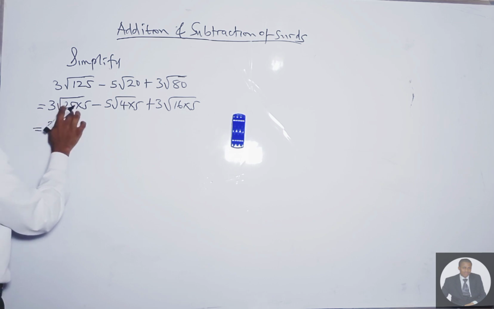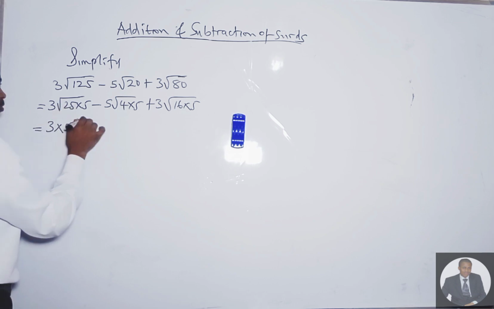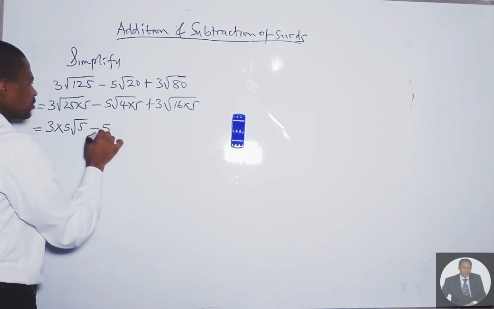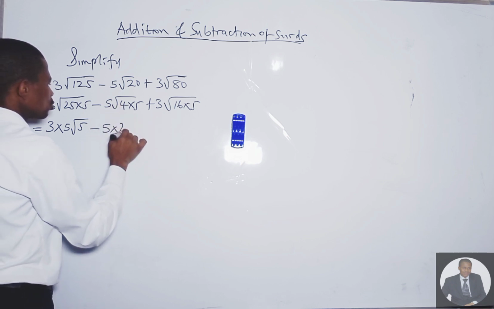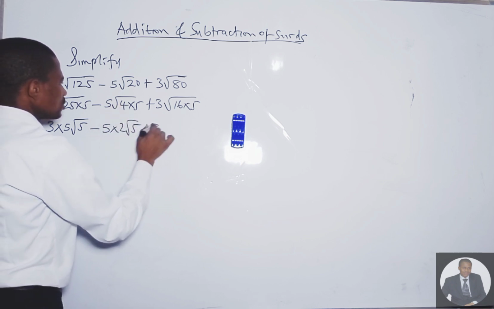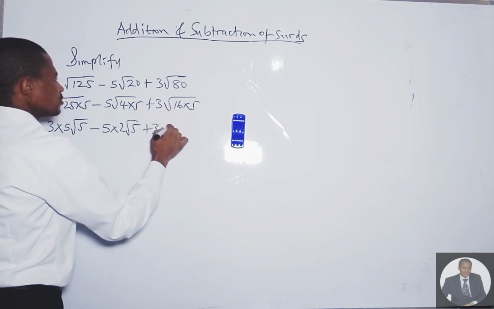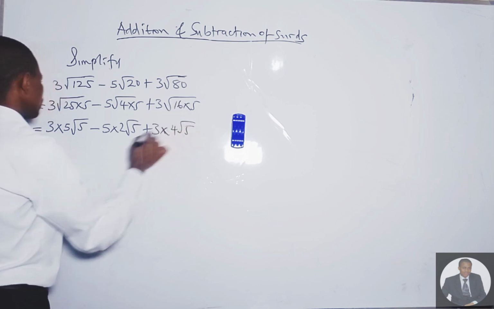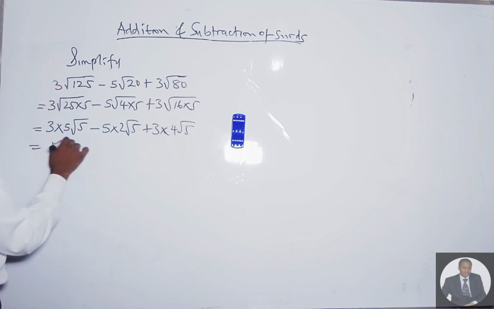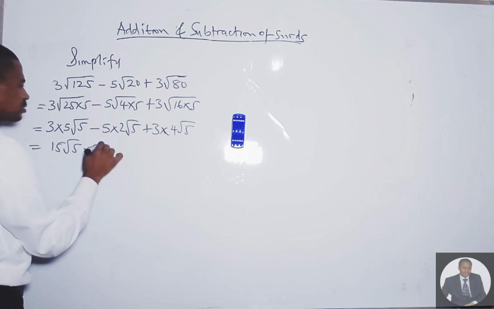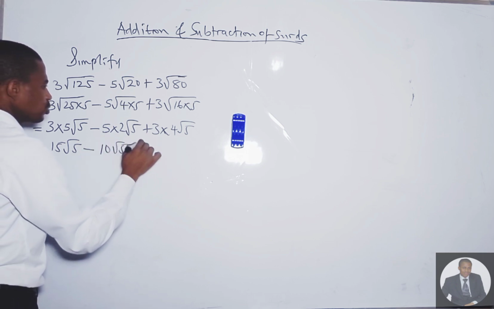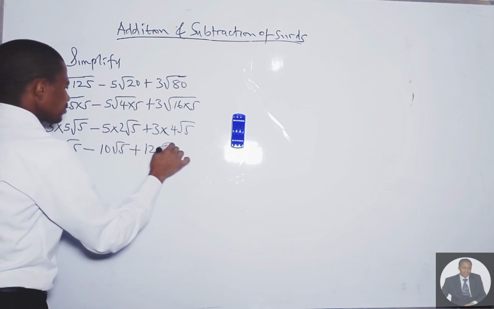The square root of 25 is 5. The square root of 4 is 2. The square root of 16 is 4 root 5. So we say 15 root 5 minus 10 root 5 plus 12 root 5.